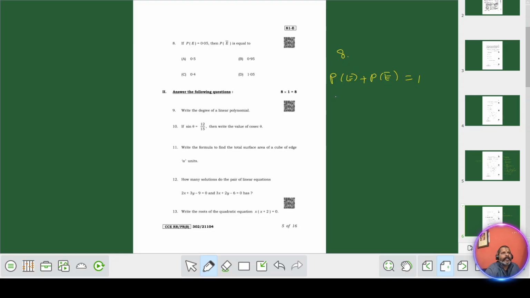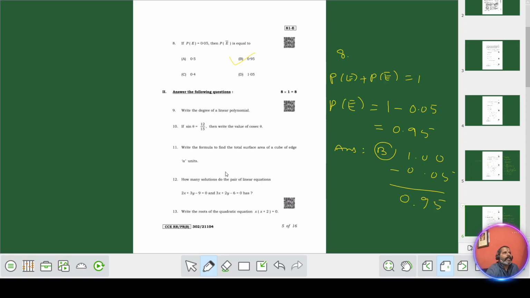Substituting, P of E bar is equal to 1 minus P of E, that is 0.05. Please pay attention to the subtraction. Don't just say 0.5 or 0.9 here. It should be 1.00 minus 0.05. The answer is 0.95. So how to write here? Answer is B. This way you have to solve the MCQ.